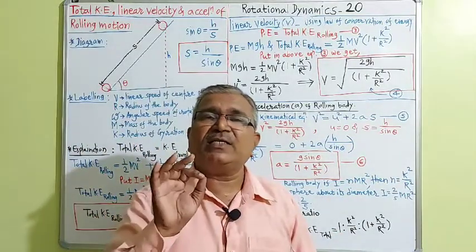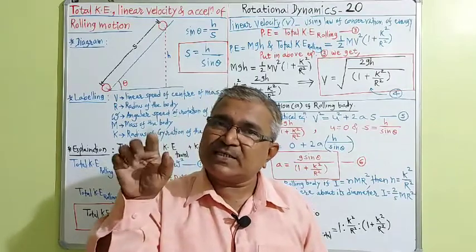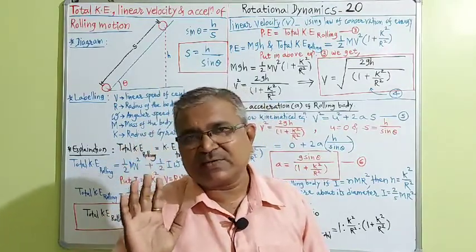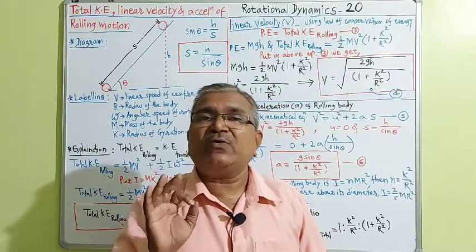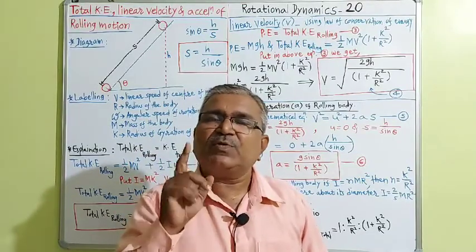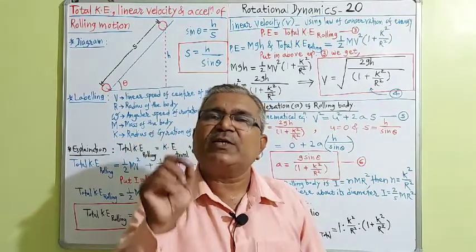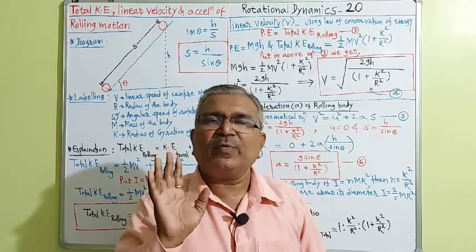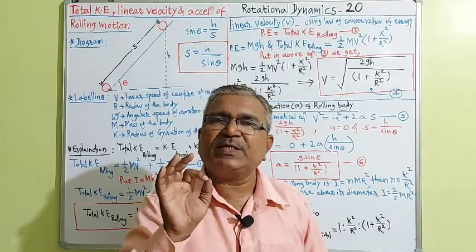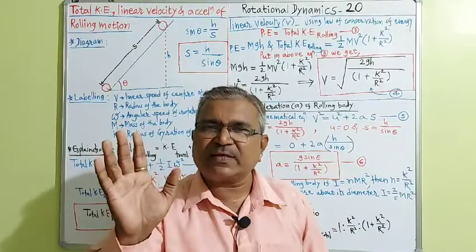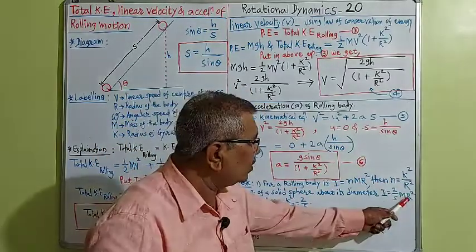When we put I is equal to n mr square, then n is equal to k square upon r square. Okay. Then I have taken one example. Suppose the moment of inertia of a solid sphere. We know moment of inertia of a solid sphere is capital I is equal to 2 by 5 mr square.